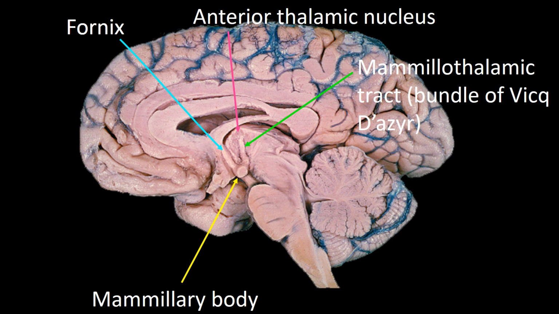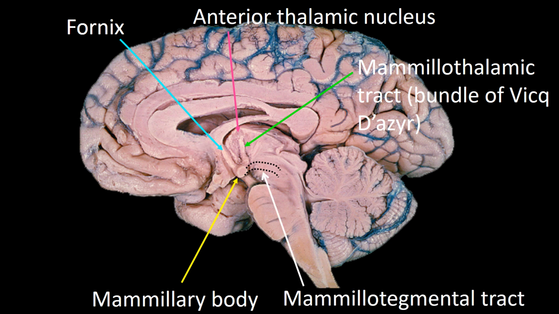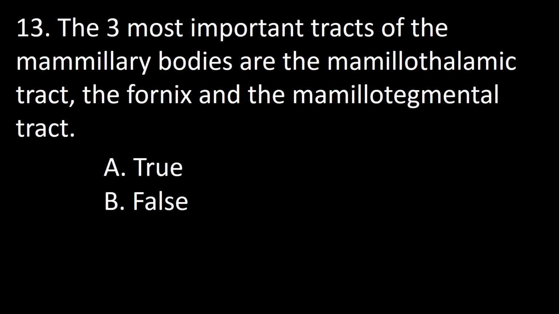I am now indicating the mammillothalamic tract or bundle of Vicq d'Azyr, of whom I will tell you more in a few minutes. I have now traced and labeled the mammillotegmental tract, the third important tract of the mammillary bodies. So the answer to this question is A.